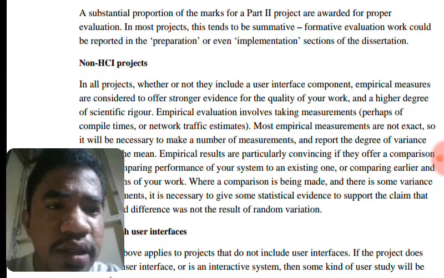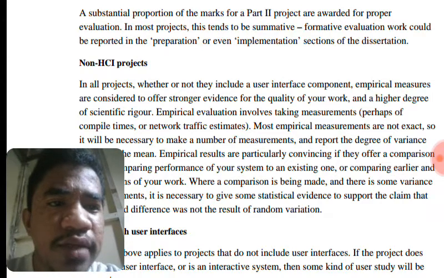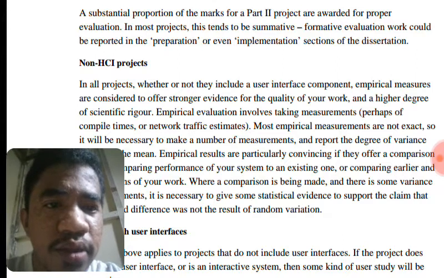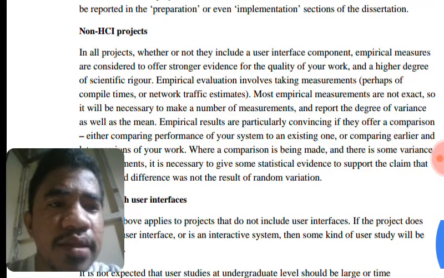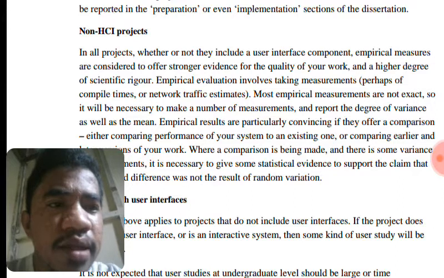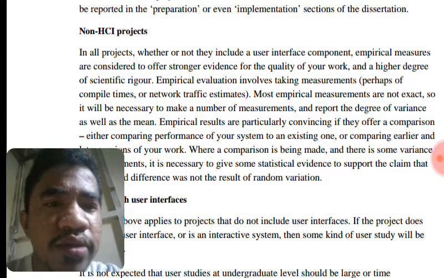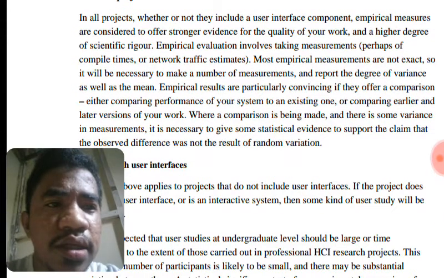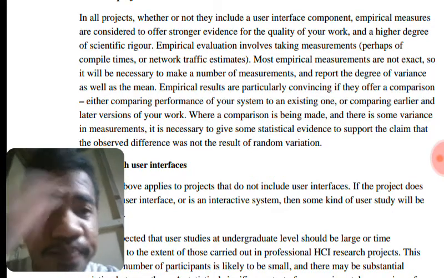Empirical evaluation involves taking measurements, perhaps of compile time or network traffic estimates. Most empirical measurements are not exact, so it will be necessary to make a number of measurements and report the degree of variance as well as the mean.